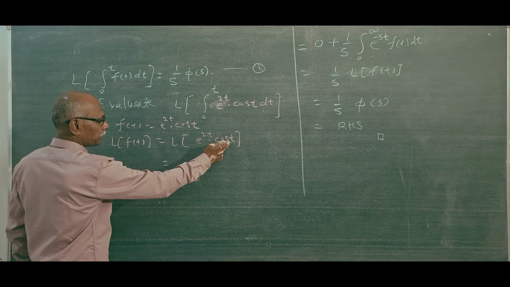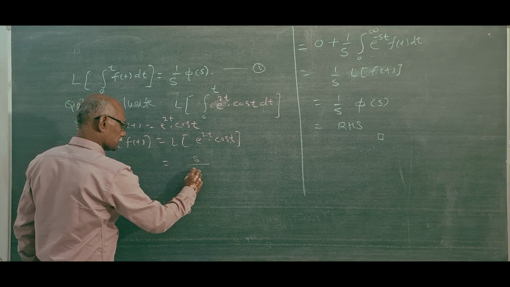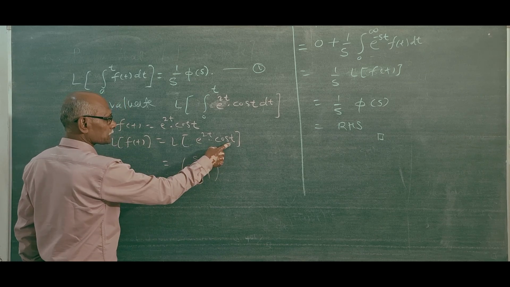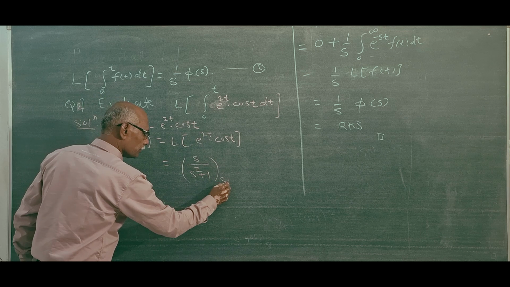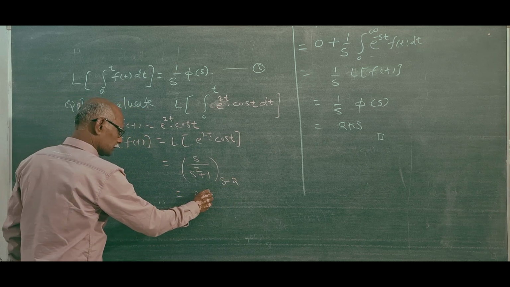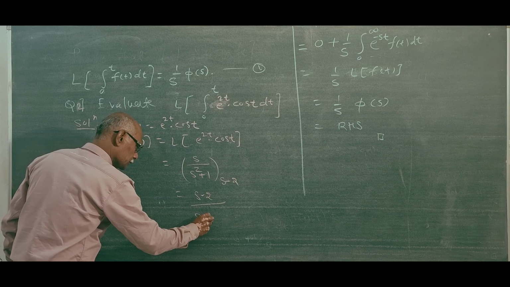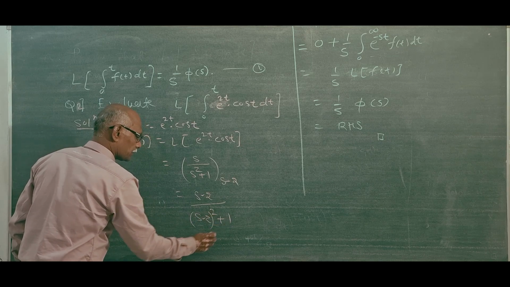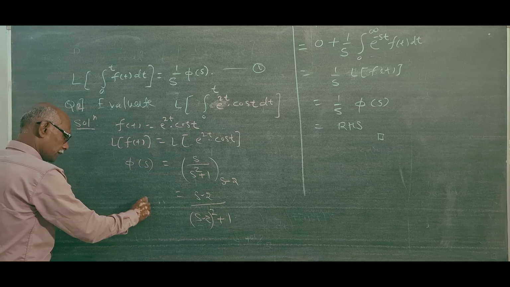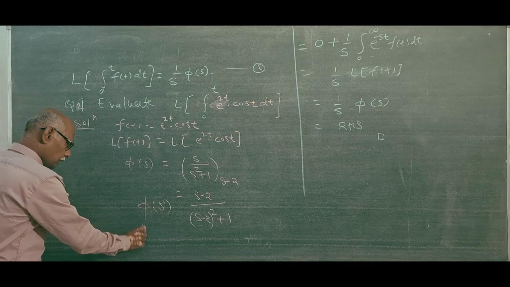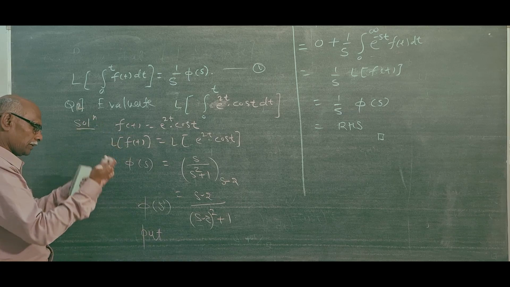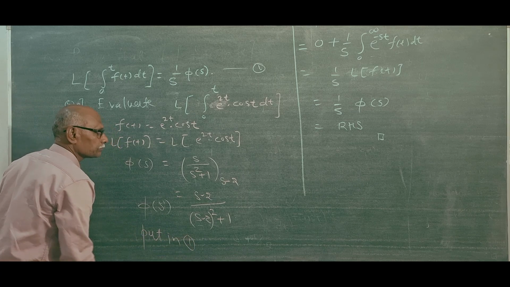Because of the shifting property, the Laplace transform is given by s upon s square plus 1. It is the Laplace transform of actual cos, but because of e, you have to replace s by s minus 2, and then use s minus 2 divided by s minus 2 whole square plus 1. This gives you the Laplace transform, phi s. And further steps are mechanical. That means put this in 1 for the final answer.